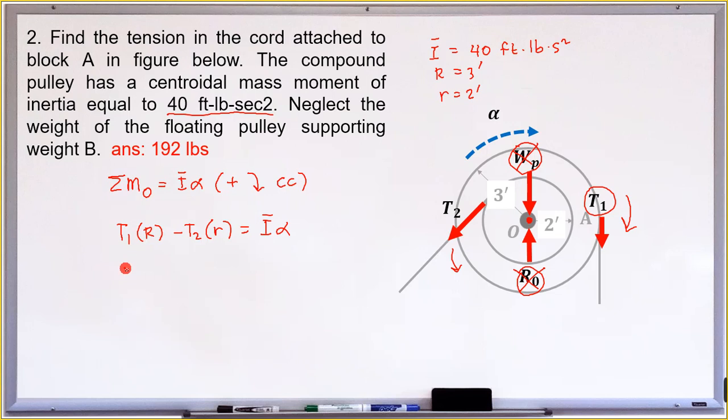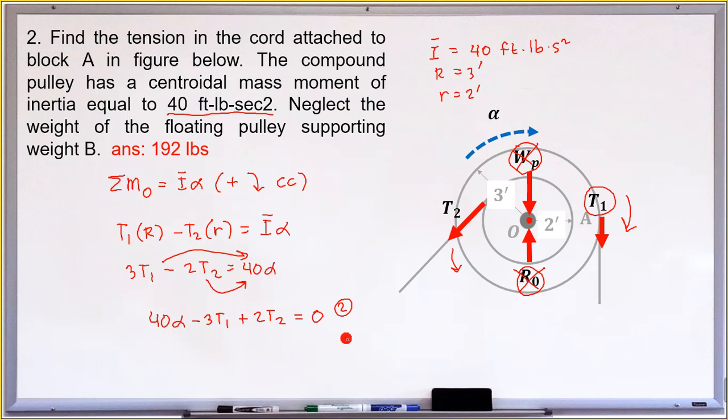We have 3T1 minus 2T2 is equal to 40 alpha. Now, let's rearrange this. We transpose the two to the other side, so we have 40 alpha. Next, T1 followed by T2 and then the constant, which is 0. There is no constant. So, therefore, this is our second equation.